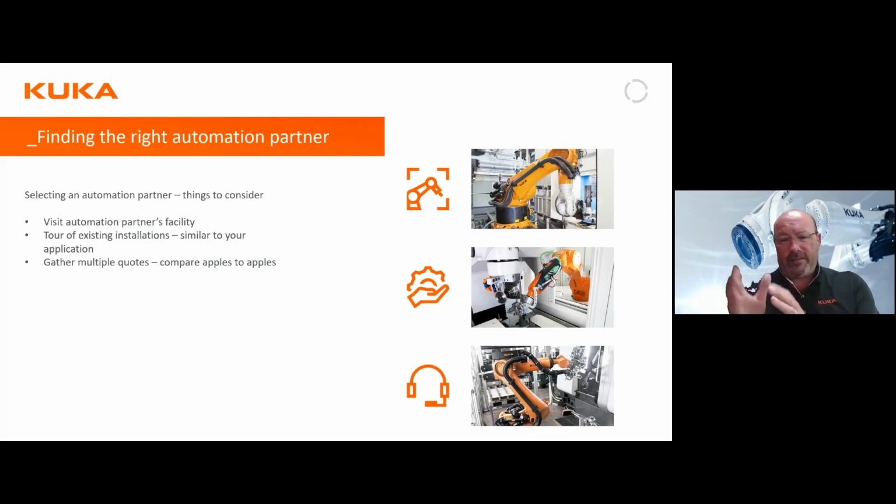Make sure that the automation company addresses your needs around production requirements, ease of use, delivery, support, and warranty. Make sure you have everybody on the same playing field when they're quoting.